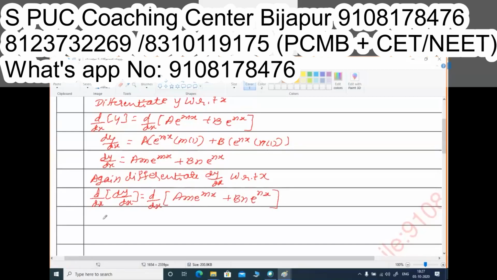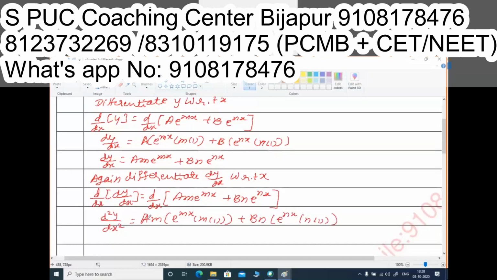On this side you write d square y by dx square, which equals, in the simplest manner, am square e raised to mx plus bn square e raised to nx. If you'd like to write it directly in your examination, you can, no issue.